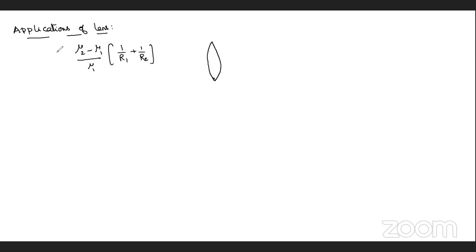Only thing is whether you are getting plus or minus on this side. If you get the final answer plus, then it behaves like biconvex. Okay, sir. Understood. Leave it. Come to here.